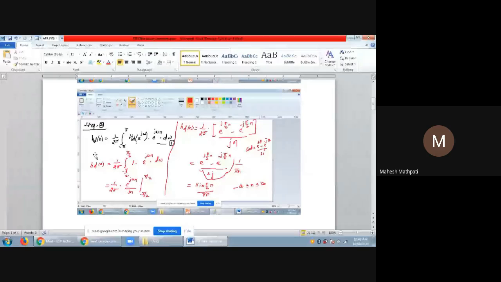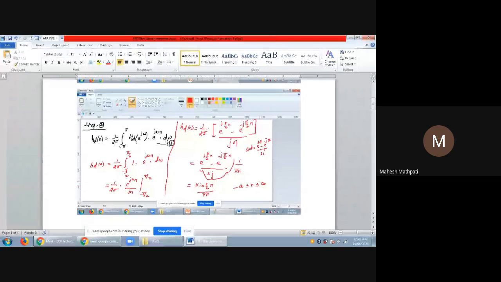H_d of n is equal to 1 upon 2 pi, integration from minus pi to pi, H_d of e raised to j omega into e raised to j omega n d omega.